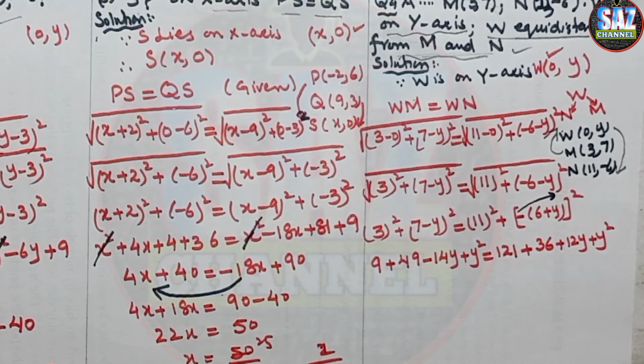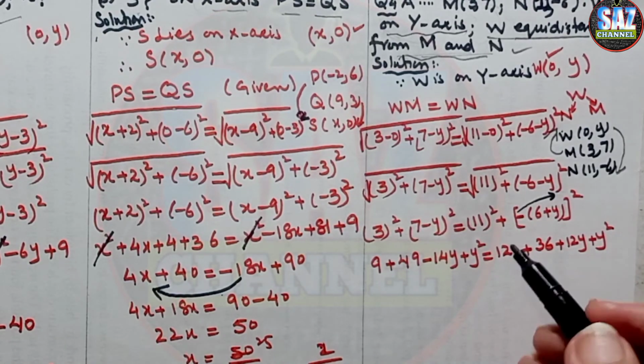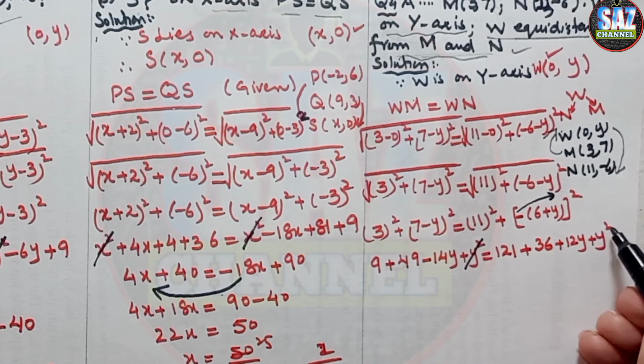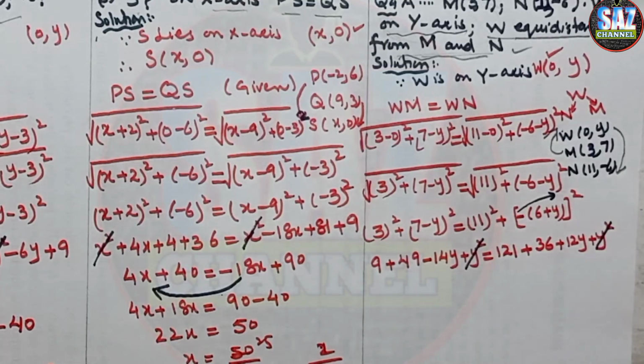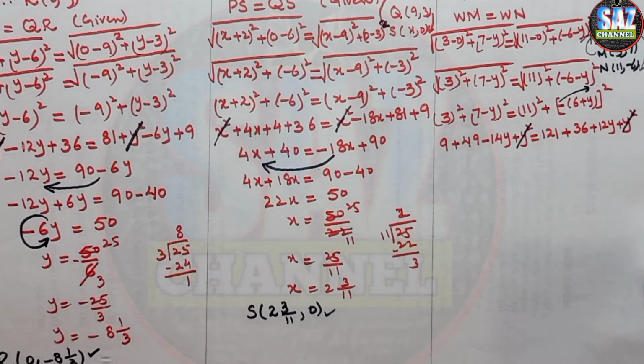Now try to make your calculation easy. This y square will cancel with this y square, and I'm left with 49 plus 9, which is 58.